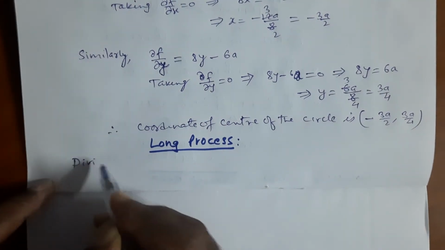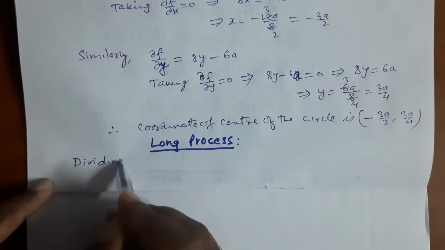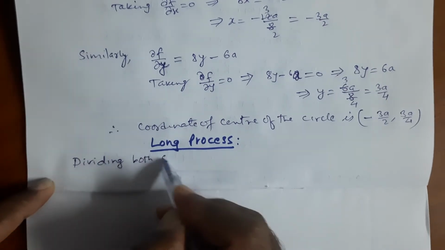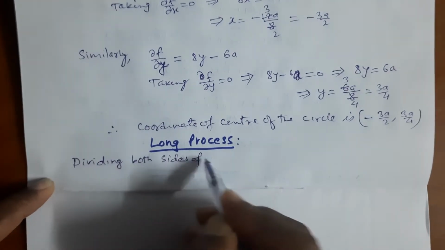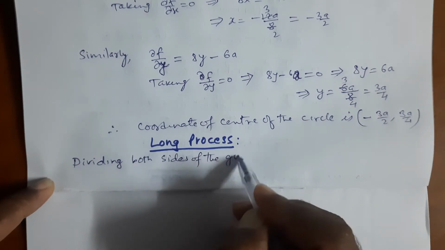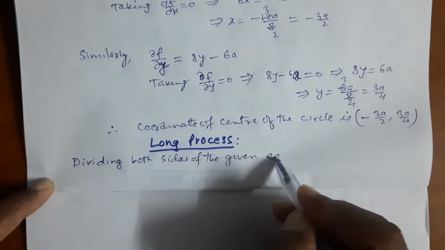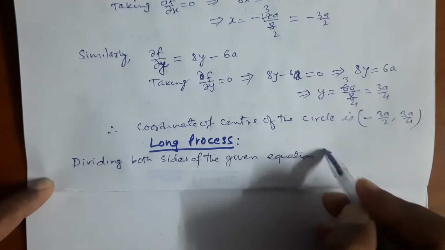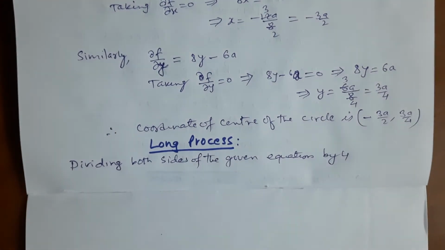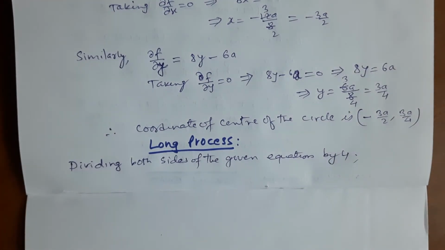Dividing both sides of the given equation by 4. Okay, we need to divide throughout by 4.